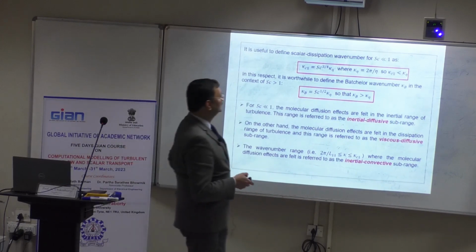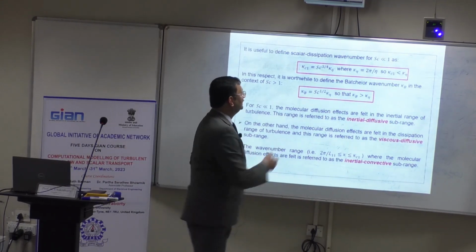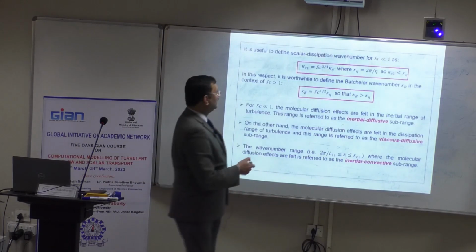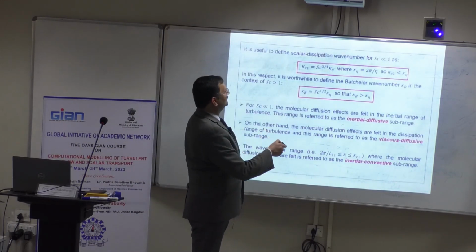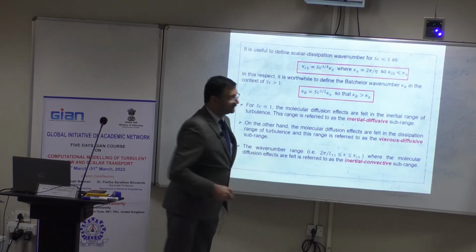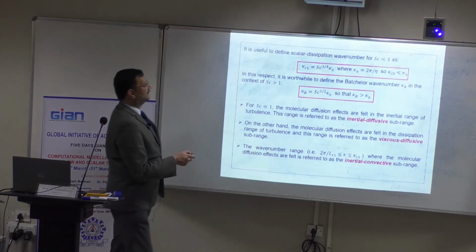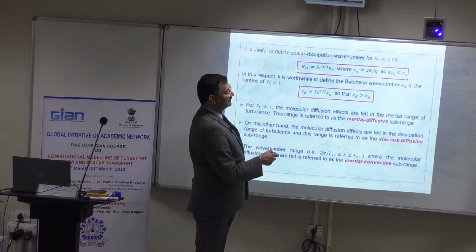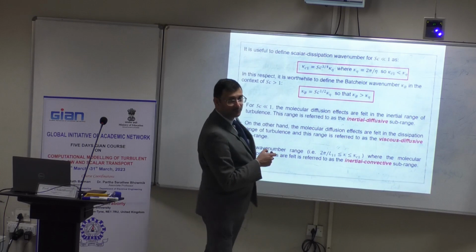So effectively, in the case kappa C, where the rolling off takes place, is given by this, where kappa eta is inversely proportional to the Kolmogorov length scale.